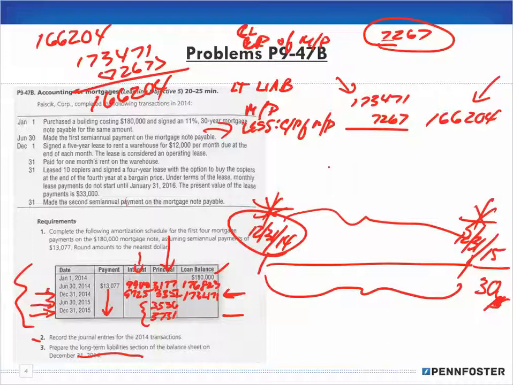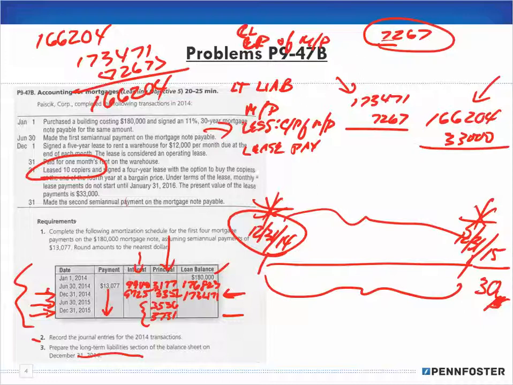Right. Okay, and with that, under the long-term liability section we also have our lease payable of $33,000, right, for the 10 leased copiers.